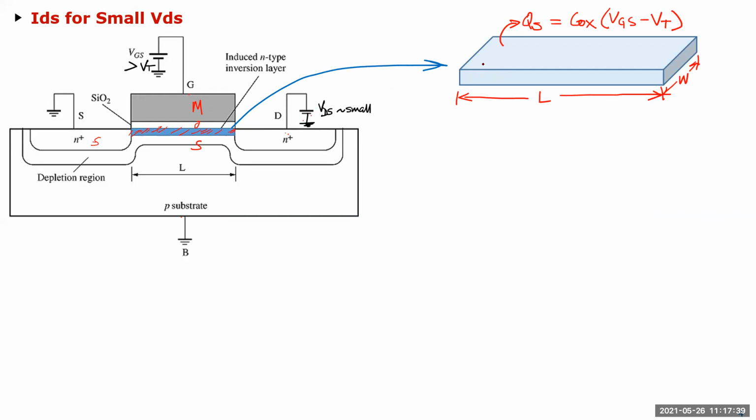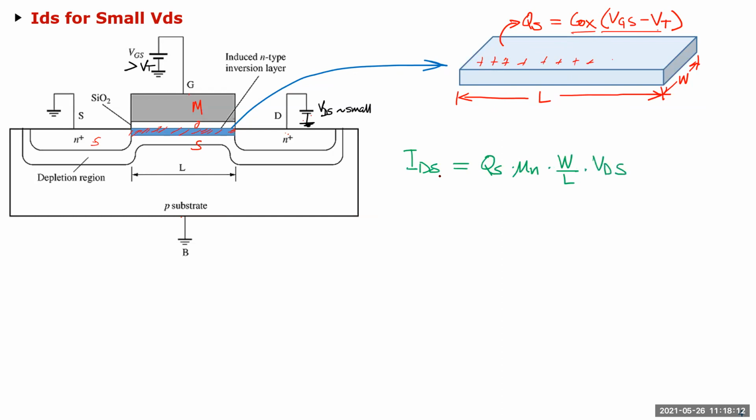And you remember from our MOS cap, which we just reviewed, that the charge is going to be Cox times, per unit area, so we're just talking about per unit area right now, Cox times VGS minus VT. So the charge is whatever is the excess voltage above the threshold voltage times the oxide capacitance. That's the amount of charge you're going to have. This is NMOS, so you're going to have these positive charges here. That's your sheet charge.